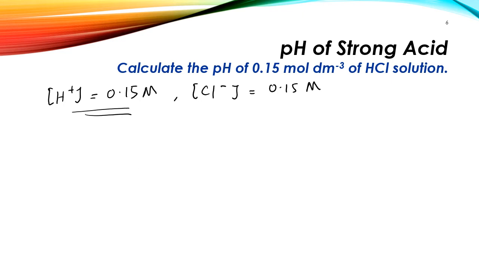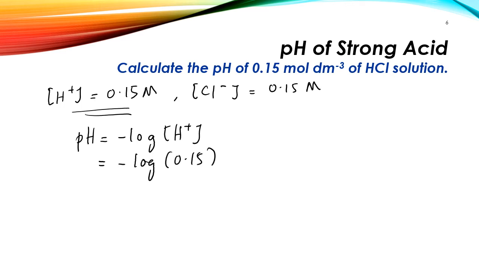So, we can use the concentration of H+ to determine the pH by using the formula pH equals negative log of H+ concentration, and substitute the value of the concentration in the equation with 0.15 molar.